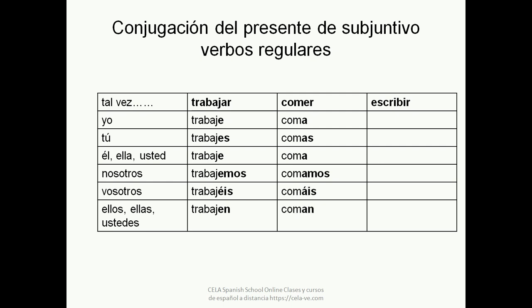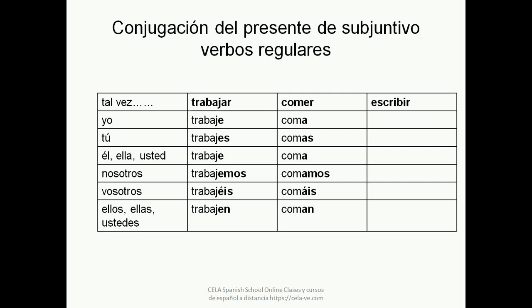Coman. The endings of the verbs that end in er and in ir are the same and have the vowel a in the endings. The first and third person singular are equal.